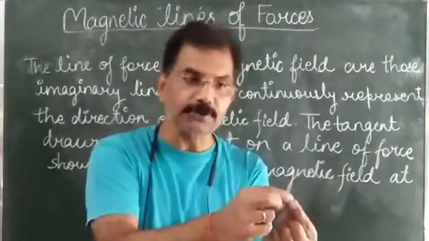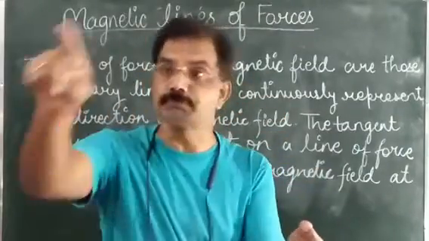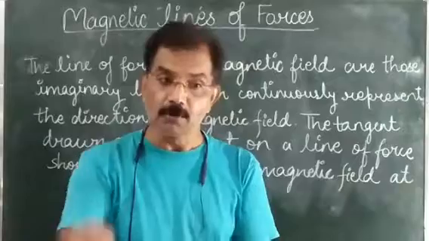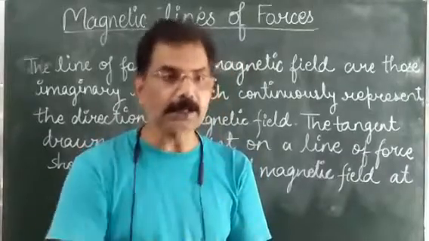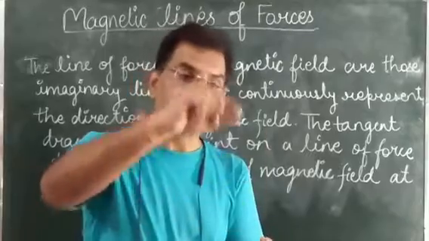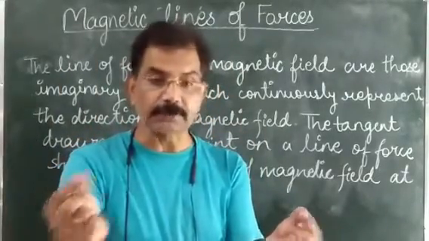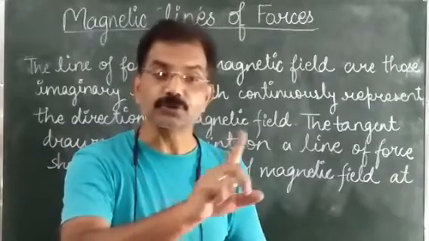So in this way you can say a magnetic line of force will always form a closed path or closed loop, while electric line of forces always start from positive and end at negative, but never form a closed path.